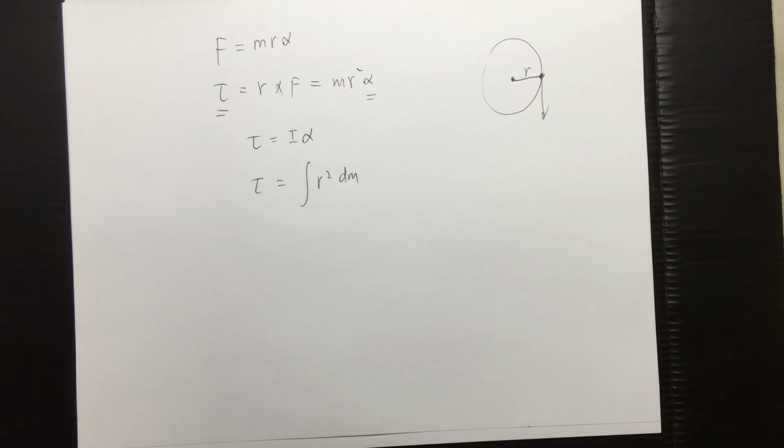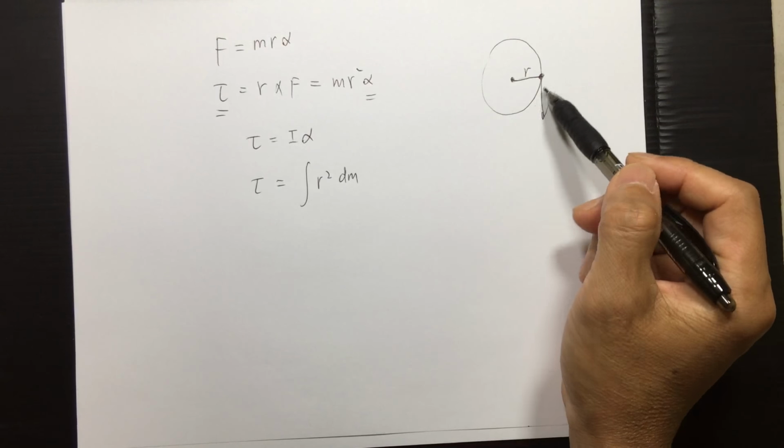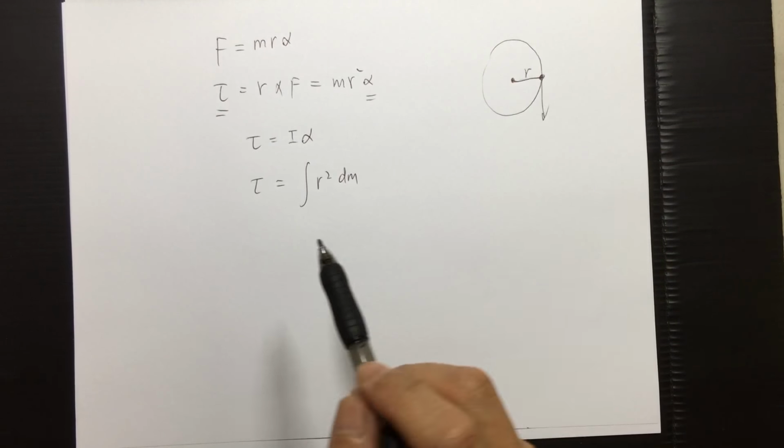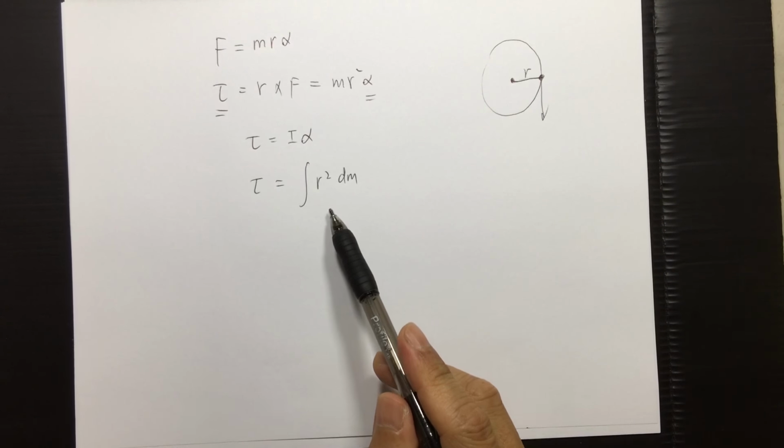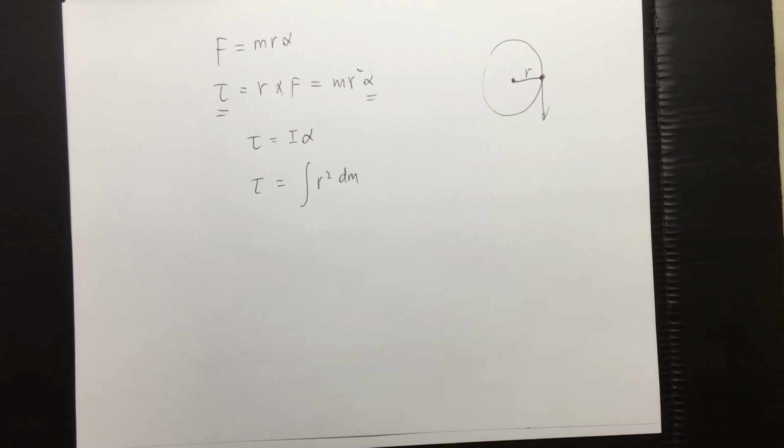A different object has different rotational inertia. Let's say if it's a disc like this, there are formulas for you to come up with this, which is kind of easy.